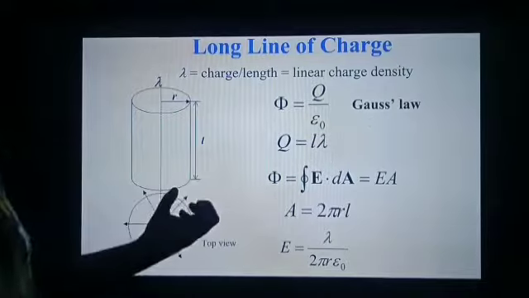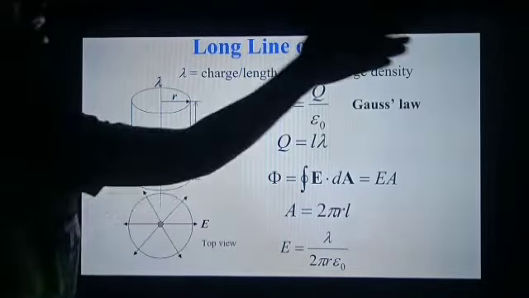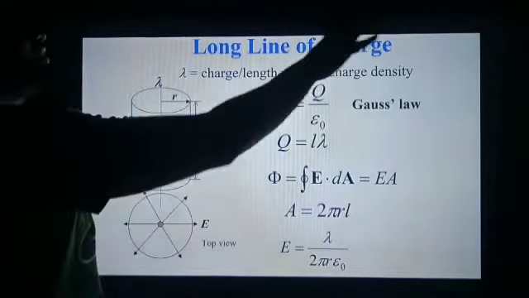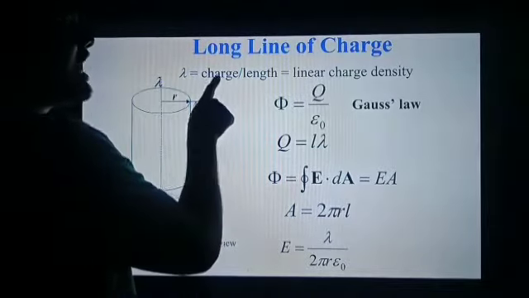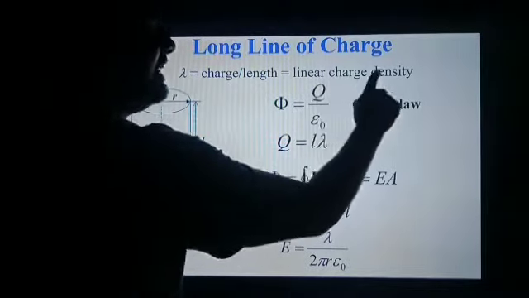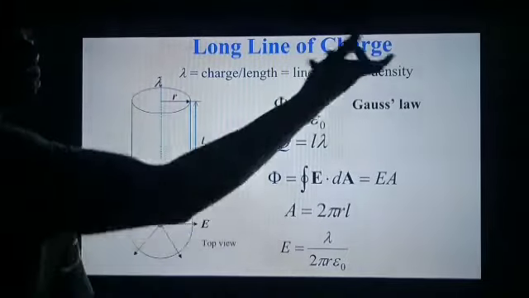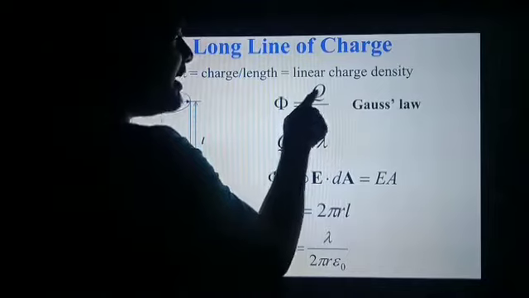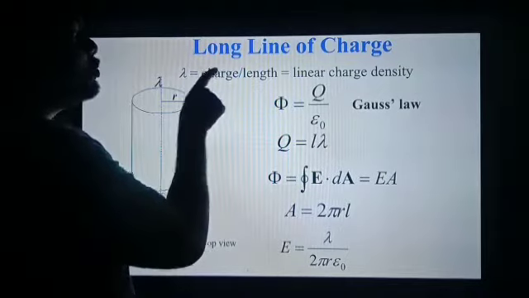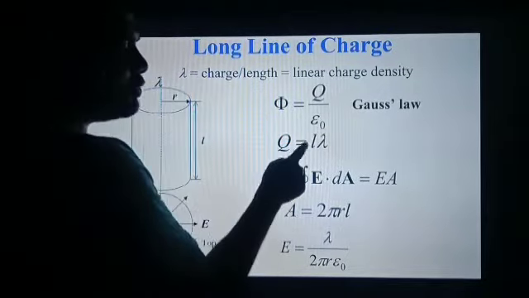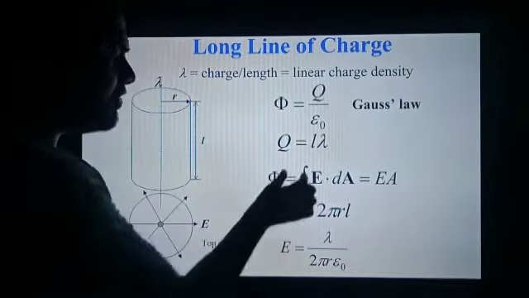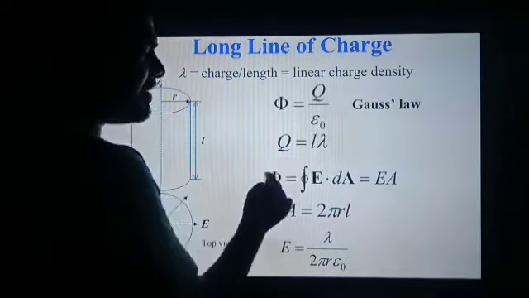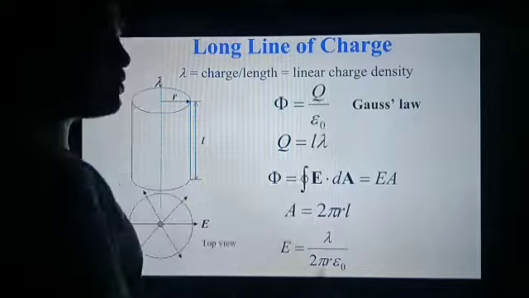Now the short way, an easy way to learn that proof. A long line of charge. Lambda is what? Charge upon length. It is called linear charge density. From the Gauss law, phi is equal to Q upon epsilon naught. So Q will be equal to lambda into length, Q is equal to L into lambda. If you put lambda L here, then phi will be equal to lambda L upon epsilon naught.